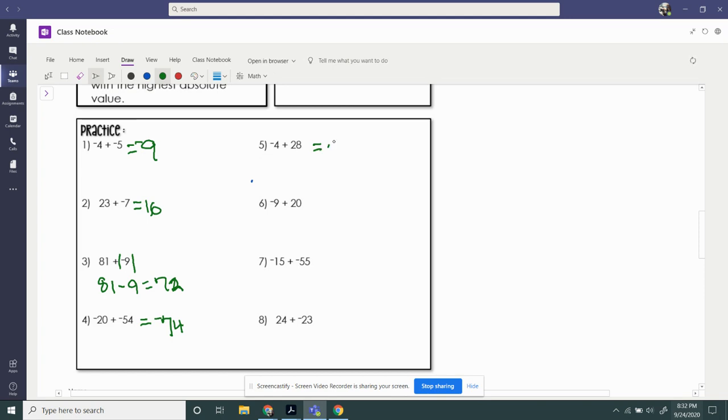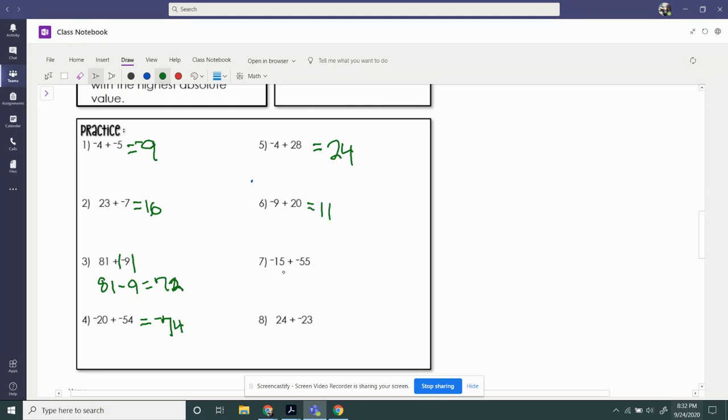So the answer will be a positive 24. We have negative 9 plus 20. Subtract and keep the sign of the larger number. The absolute value of 20 is larger than the absolute value of negative 9, so we would have a positive answer. 20 take away 9 is 11.